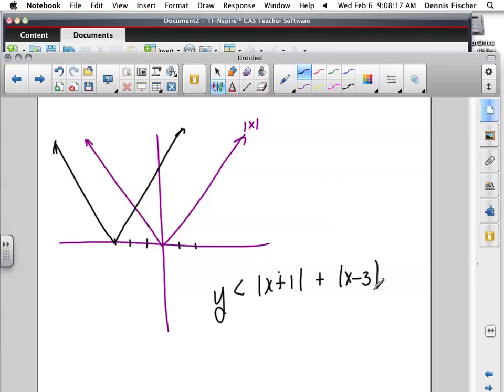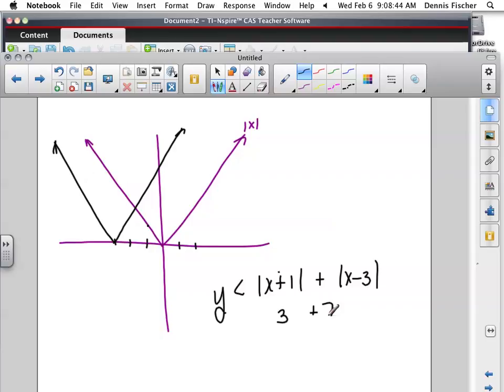So if you did do that, you plug -4 into both of them. If I plug in -4 for both of them, -4 plus 1 is? -3. Absolute value is 3. -4 minus 3 is? -7. Absolute value is? 7. So 3 plus 7 is? 10. So that's my value there.